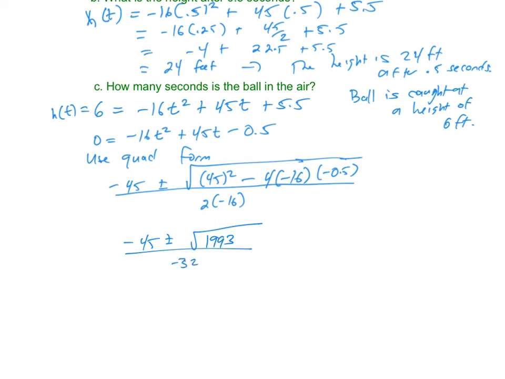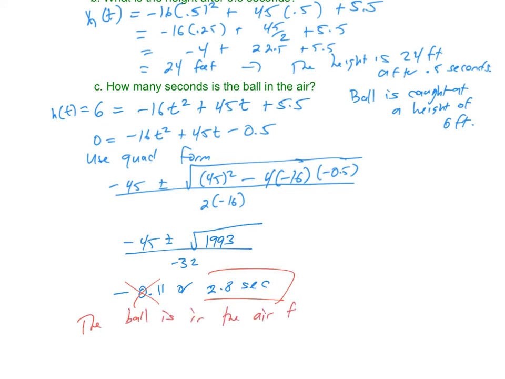And if we enter this in our calculator, we'll get two values, negative 0.11 or 2.8 seconds. The negative 0.11 doesn't make sense. There's no negative time. So the ball is in the air for 2.8 seconds. That's when it's caught at 6 feet. So the ball is in the air for 2.8 seconds.